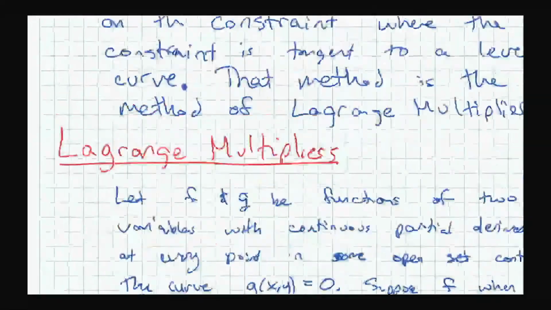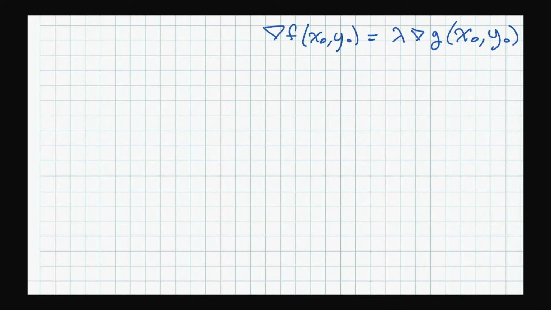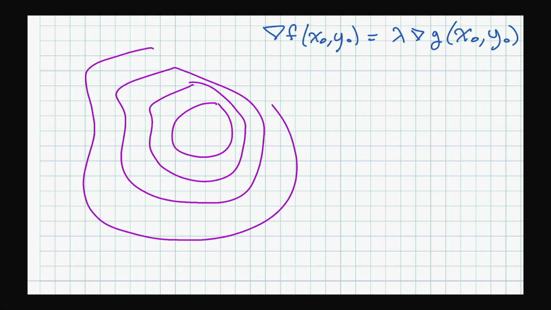So let me just draw a little picture that we had before, right? So let's explain why this makes sense. Suppose you have level curves. I'm going to draw several level curves, and they don't need to be the level curves from the previous problem. That's fine. So let's say these are level curves of f of x, y. And then you've got your constraint, which is g of x, y equals 0.